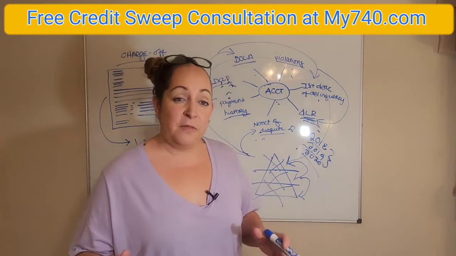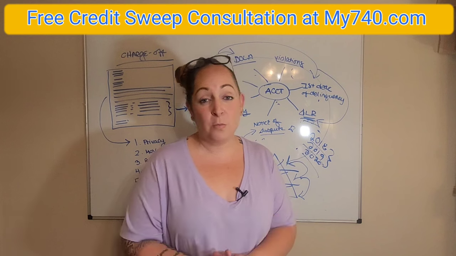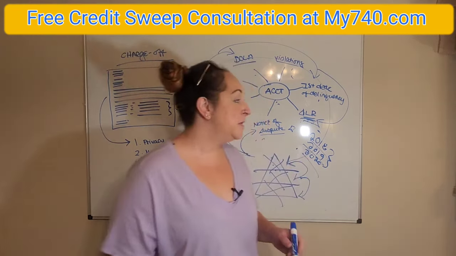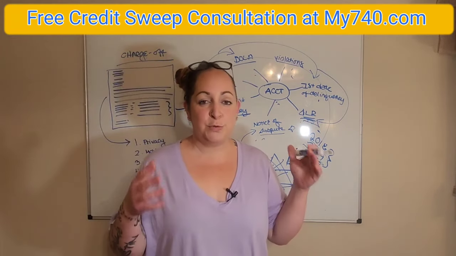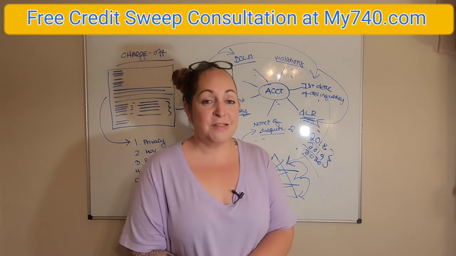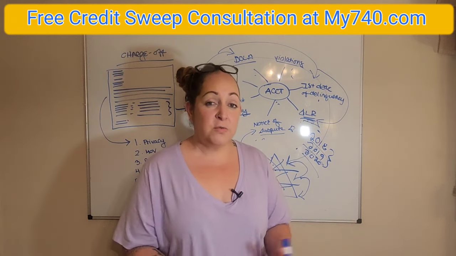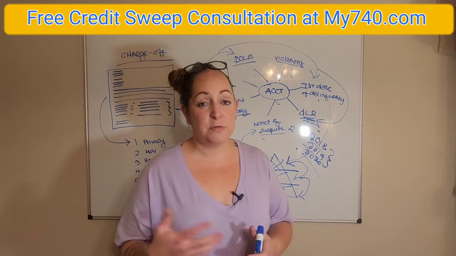Now, let's say that, and if you haven't seen my videos on the key to the credit sweep, you're definitely going to want to check that out, but I'm going to give you that secret right now. All right, so our notice of dispute is very, very important. Pursuant to FCRA 623 and FDCPA 807(8), they, the bureaus, creditors, collectors, are required to enter a notice that the account was disputed within 30 days of the date of first receipt of dispute.